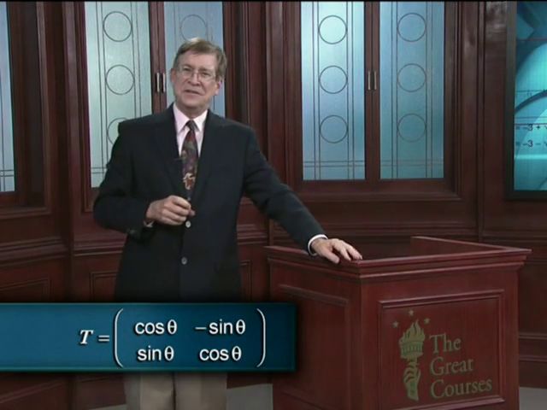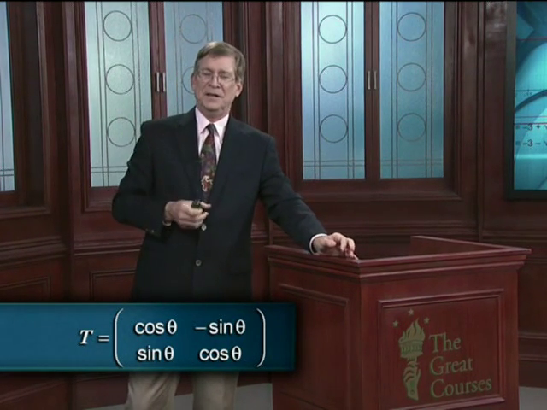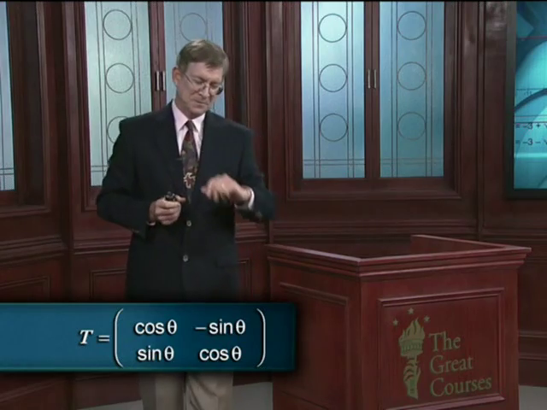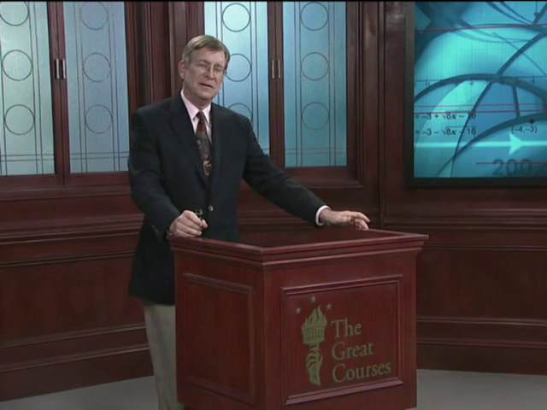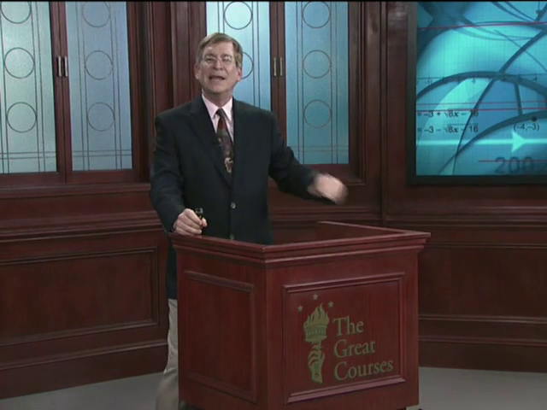What do you think this does to a point in the plane? And here's a hint. We're using trigonometry here, aren't we? And trigonometry deals with rotations, changing angles. It turns out that this kind of transformation will rotate a point around the origin by an angle theta. It rotates it theta degrees around the origin.